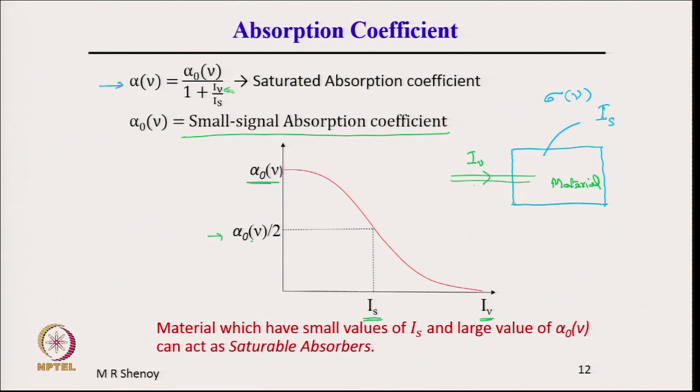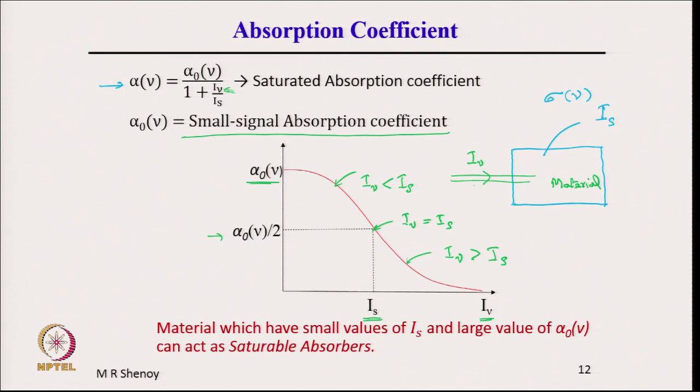If the intensity increases further, this portion here is for I_nu greater than I_s, and this portion is I_nu less than I_s, and this is when I_nu equals I_s. So, this is the absorption coefficient when the intensity equals the saturation intensity.